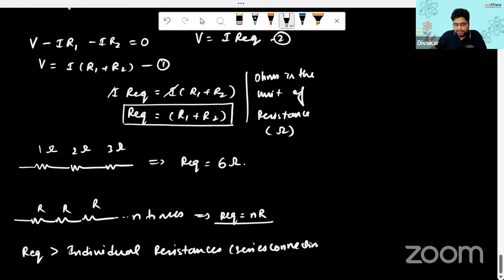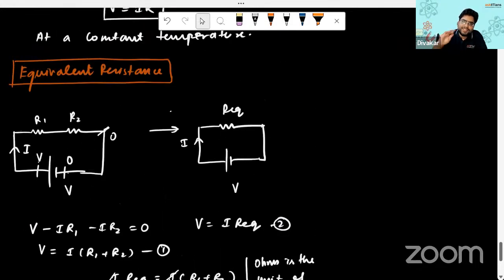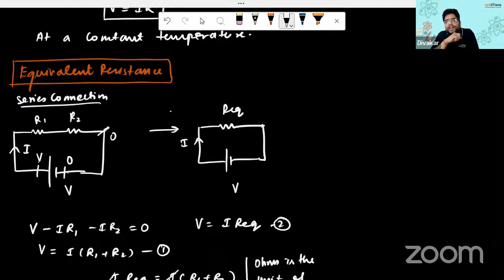Now I'm naming it. What do we call this kind of connection? Series connection. So when resistances are connected back to back, then the equivalent resistance, that means if you replace them with a single resistance, that value will be R1 plus R2 plus R3 and so on.